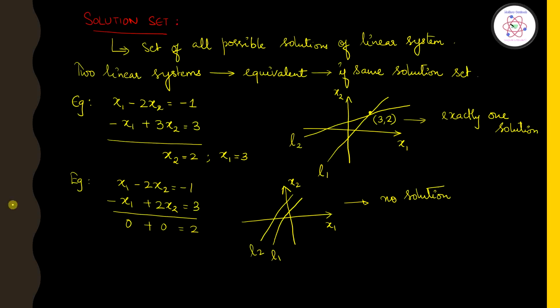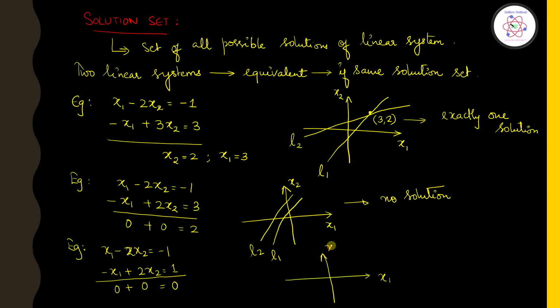Now, let me consider the third case. I have the equations x1 minus 2x2 equals minus 1 and minus x1 plus 2x2 equals 1. When I add these two, I get 0 equals 0, right? So these two lines basically overlap on each other.